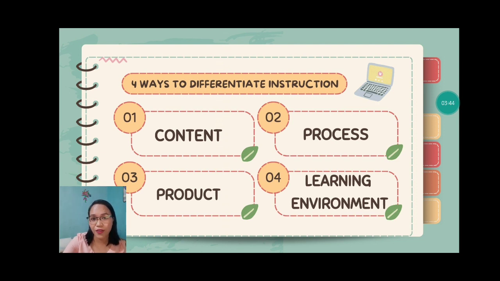So if you can still remember, we have 6 levels of Bloom's taxonomy, which are first, remembering, understanding, applying, analyzing, evaluating, and creating.